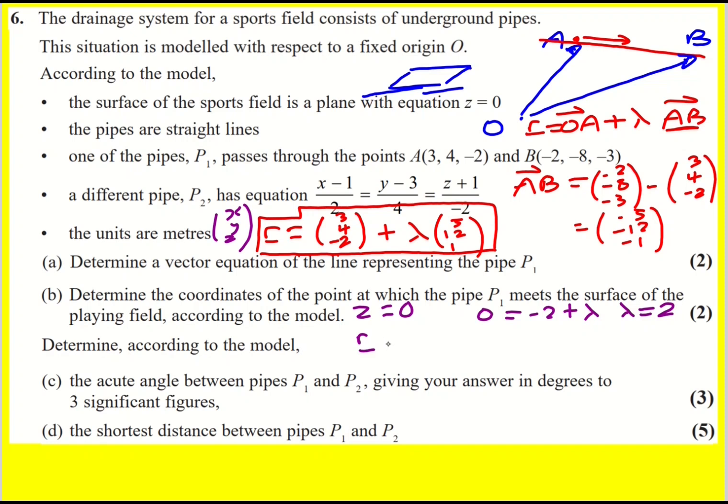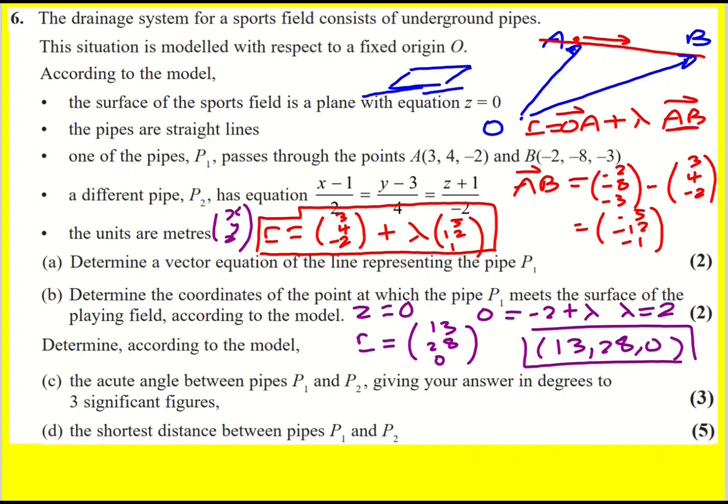I can sub that back in. The position vector is 3 plus 2 times 5, that's 13, and then 4 plus 2 times 12, that's 4 plus 24, that's 28, and then we've got our 0. So that's my position vector. If I want the coordinates, we write down (13, 28, 0).